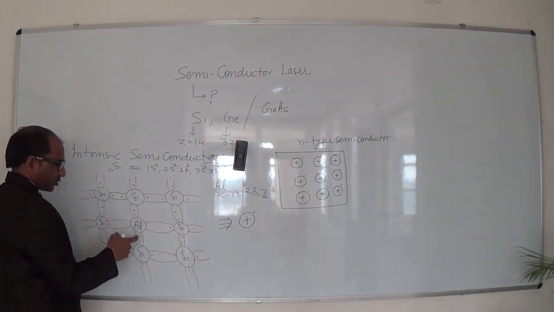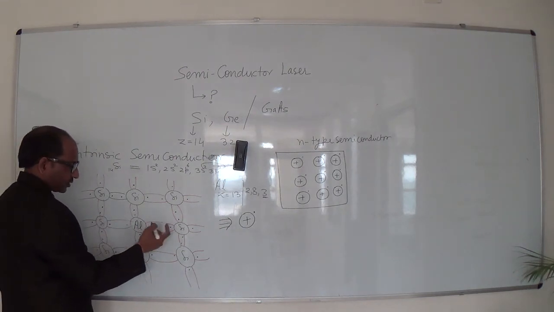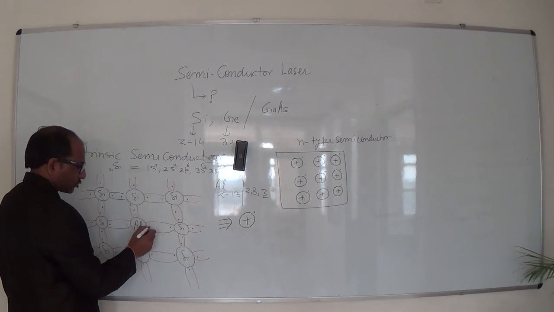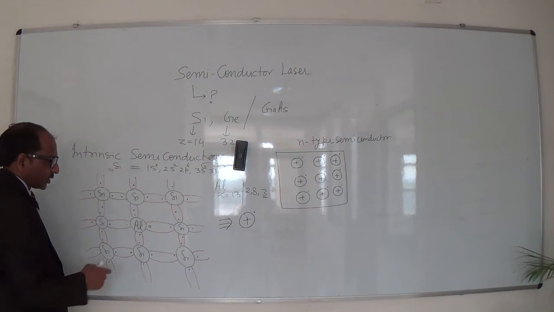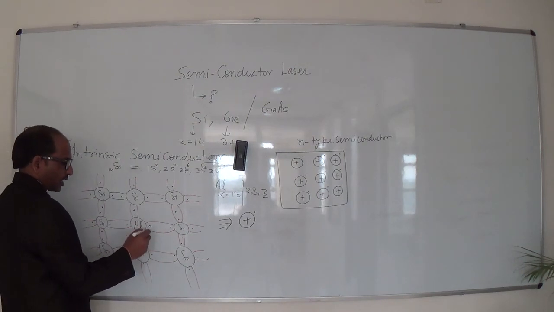These 3 electrons make covalent bonds with the neighbors, and for the remaining covalent bond we assume a vacancy is left, which would bond with an electron. This vacancy is known as a hole.